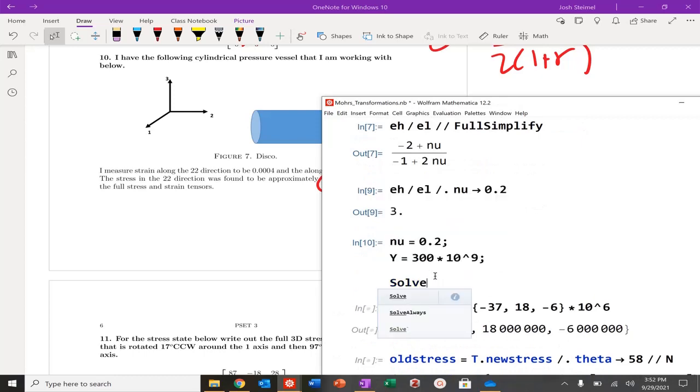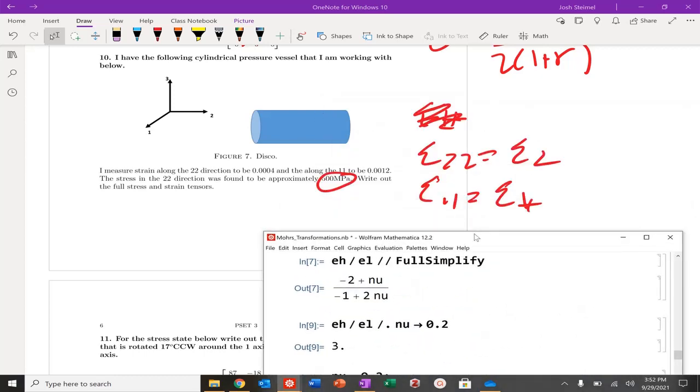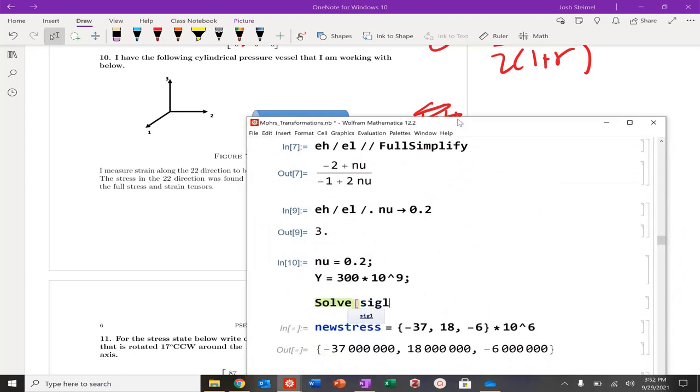So my stress in the 2-2 was 500 megapascals, so my sig L, I'm going to solve these equations. Sig L equals 500 times 10 to the 6. I know that once I solve for that, so that's one equation.